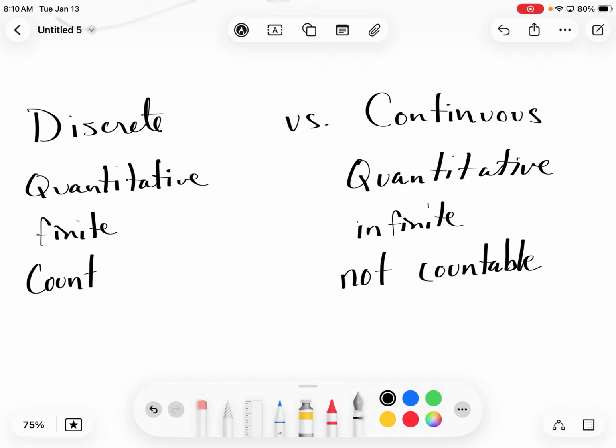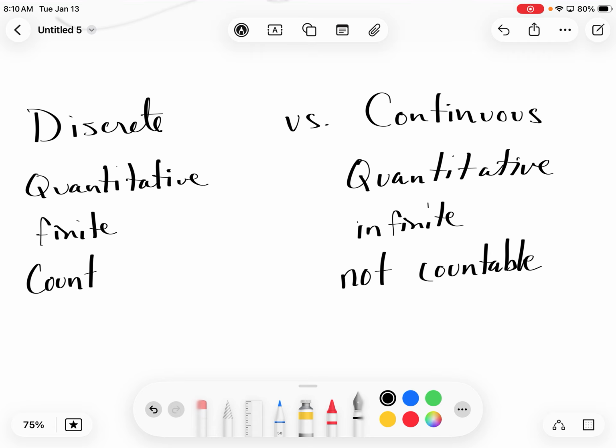Think about all the numbers between 0 and 1. Depending on the age of the student, a younger kid, when you ask them what numbers are between 0 and 1, might say nothing, there's nothing in between there. But then as they start to learn about decimal points, how many numbers are actually between 0 and 1? Too many to count. That would be continuous, is what they're referring to. Okay, does that make sense?